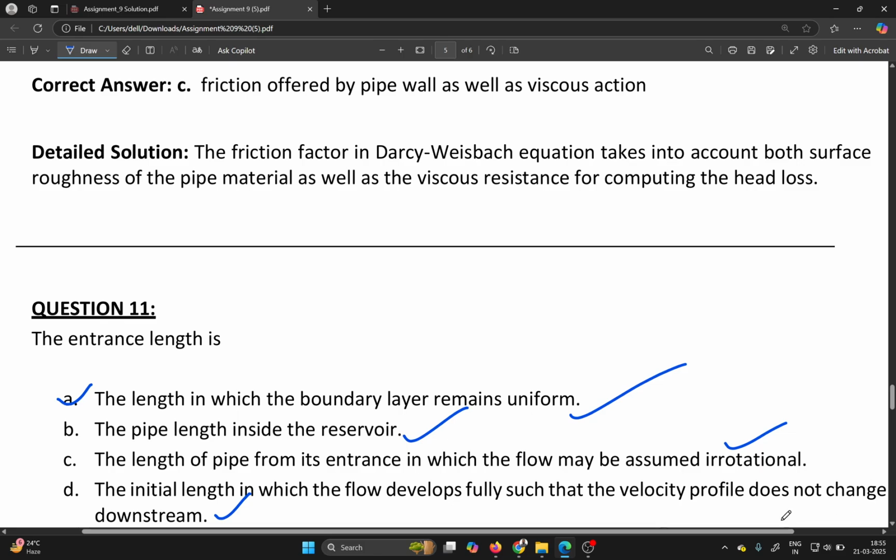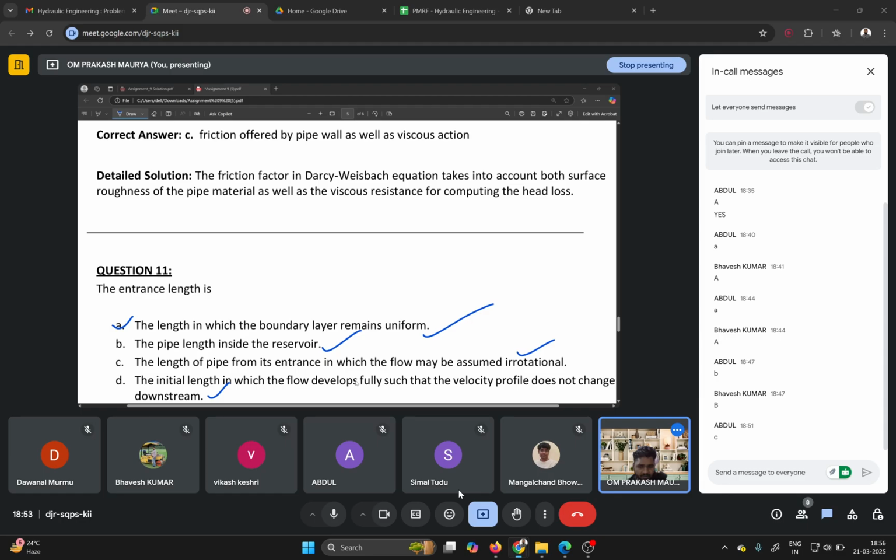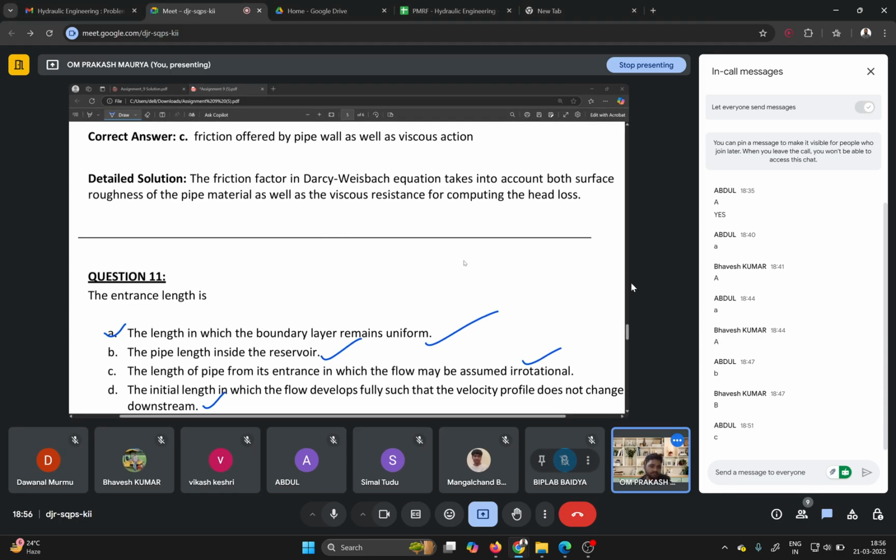Which option will be correct, please? Everyone try to write. Okay, Abdul is telling option C for question number 11. Other students, please also try to write your answer.